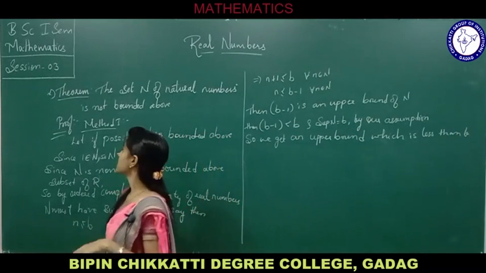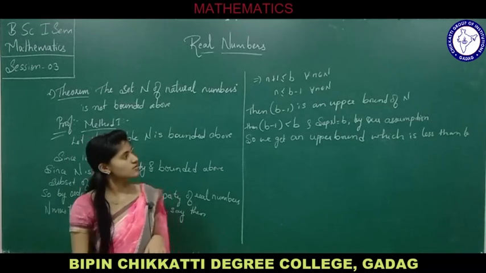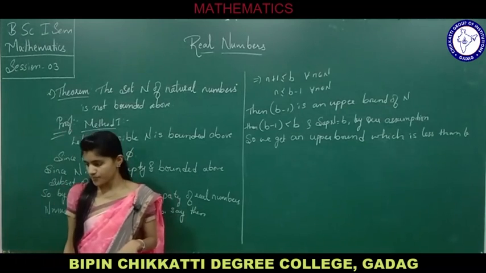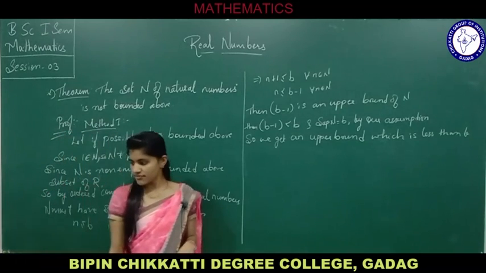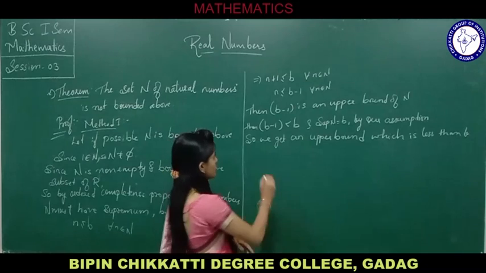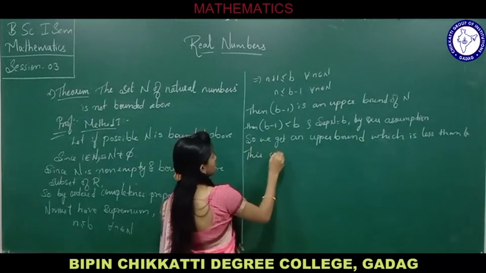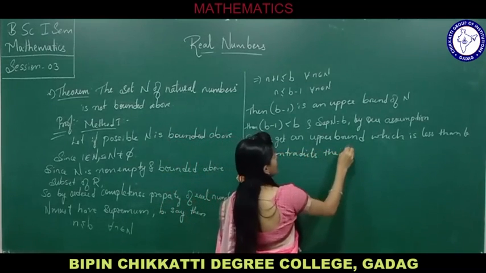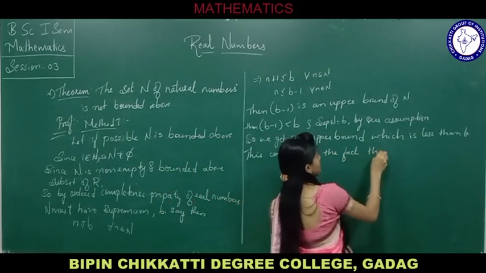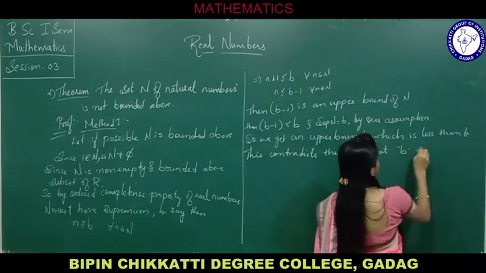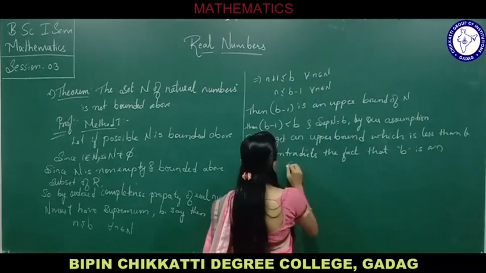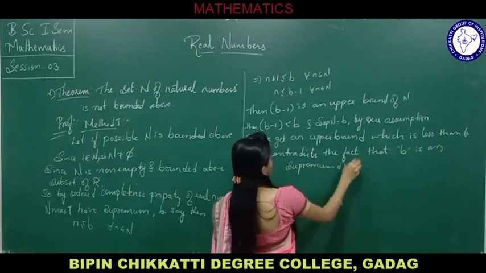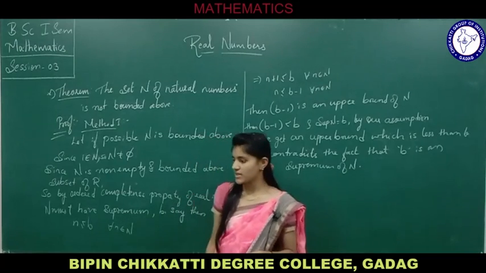We got to know that the set N of natural numbers is not bounded above. This contradicts the fact that B is the supremum of N. Therefore, what is going to happen?